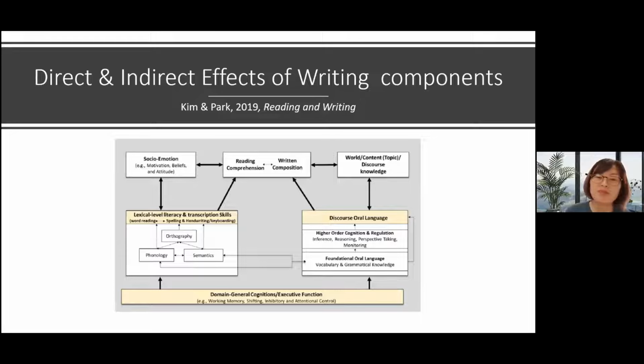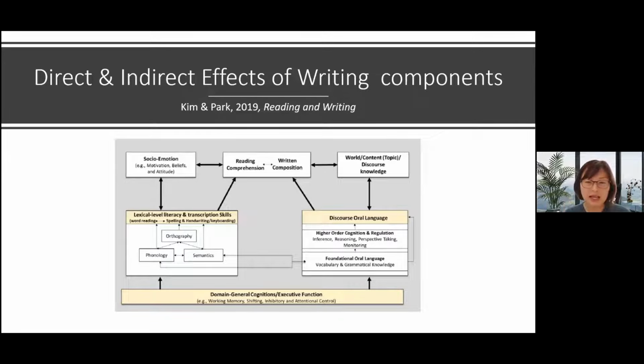So say I'm given a prompt, a topic, and I generate, okay, I'm going to think about what I'm going to write. I generate ideas. Okay, I think about, what words am I going to say, right? So for that, I'm going to draw on my vocabulary knowledge, and I'm going to construct sentences about what to say.